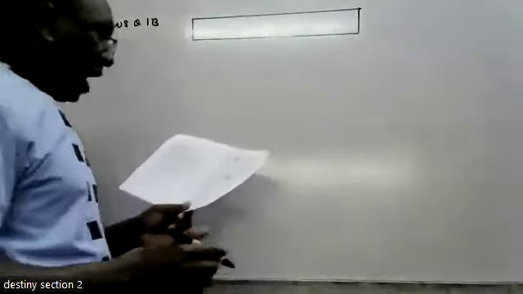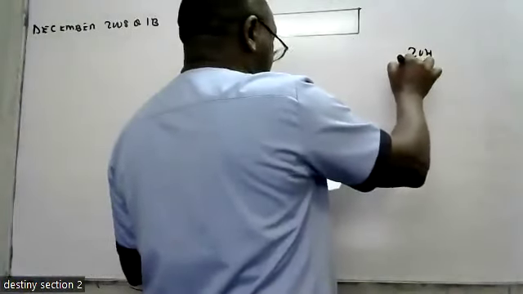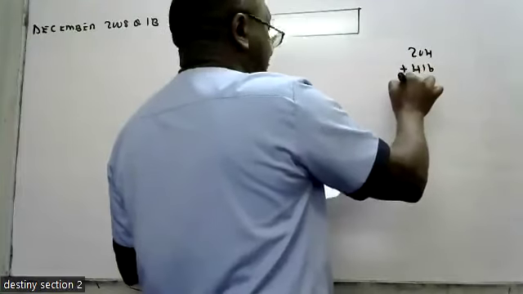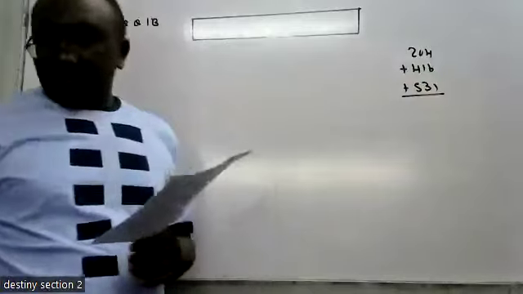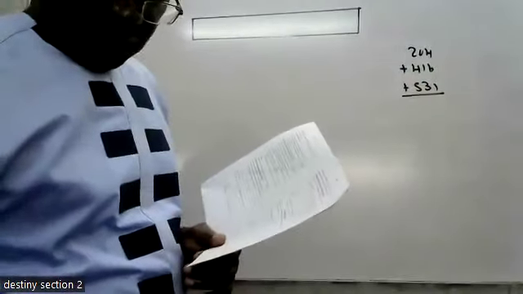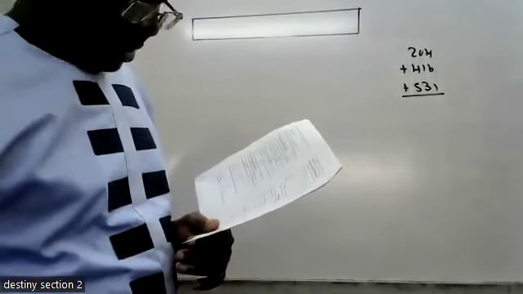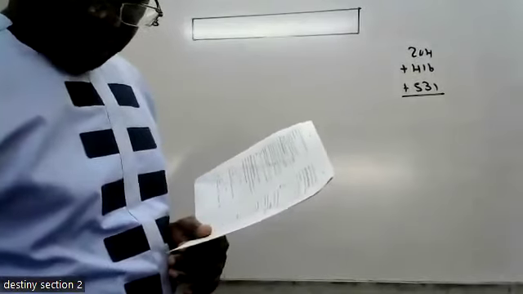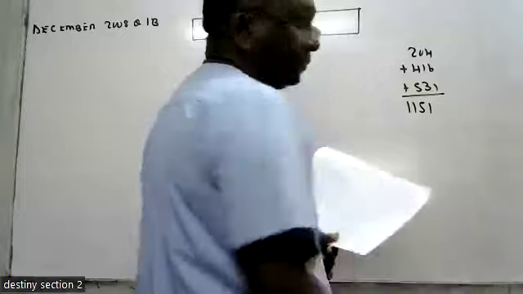Now, for you to do this, first of all, add these ones. You add 204 plus 416 plus 531. Write it down there. Confirm whether you get this. Check whether you are getting 1151.